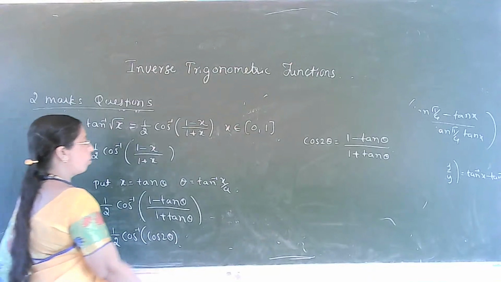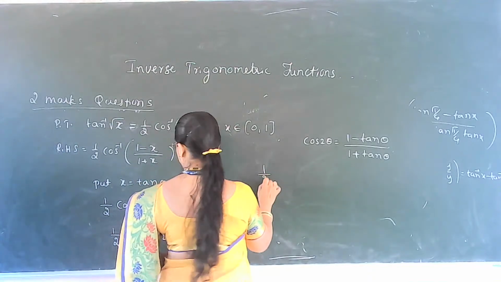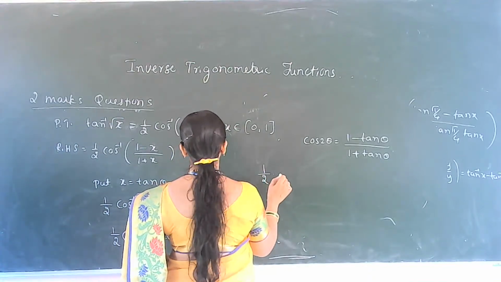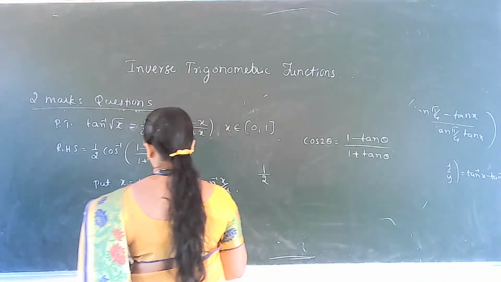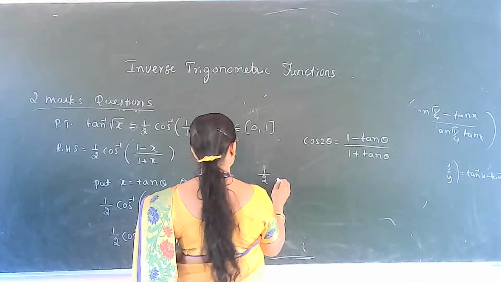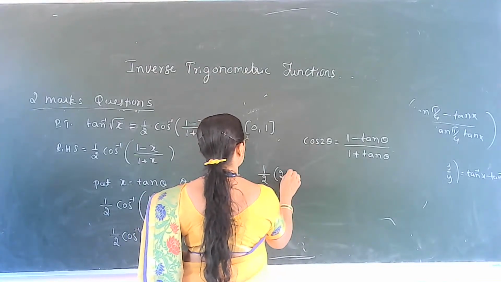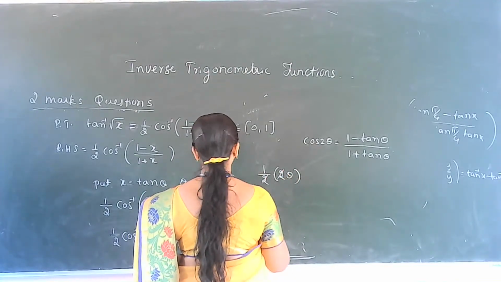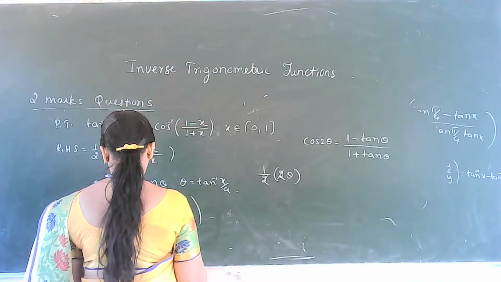Therefore cos inverse and cos cancel. 1 by 2 into 2 theta is equal to theta.